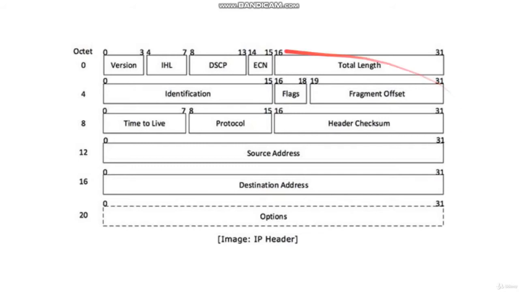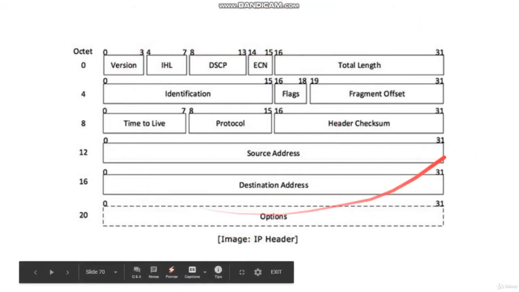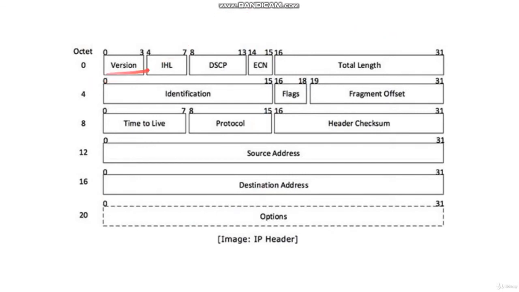Now let us see what this IP header has got for us. You can see this is a 32-bit IP header. So what is version? These 4 bits define the version of the protocol used, for example IPv4 or IPv6. The internet header length, that is IHL, defines the length of the entire IP header.